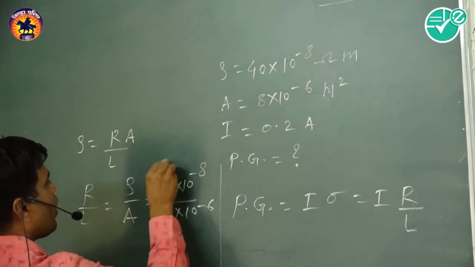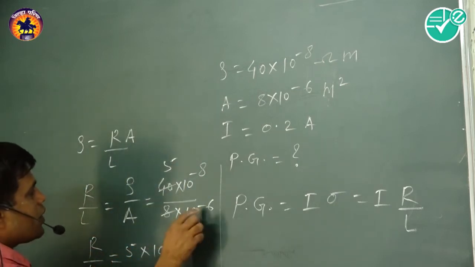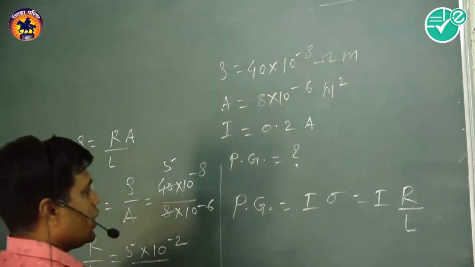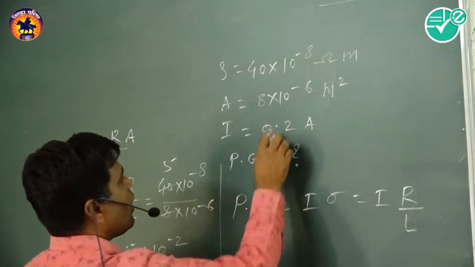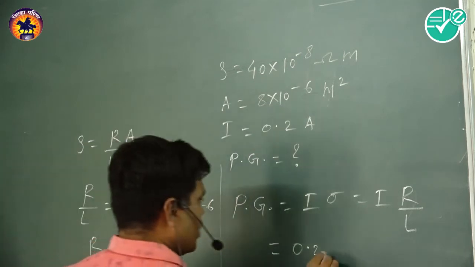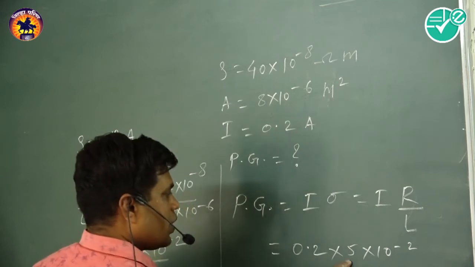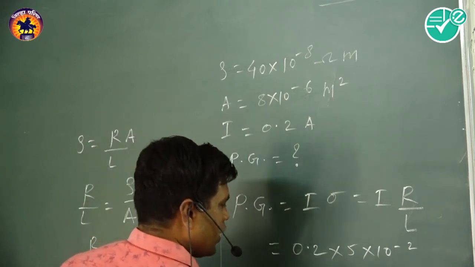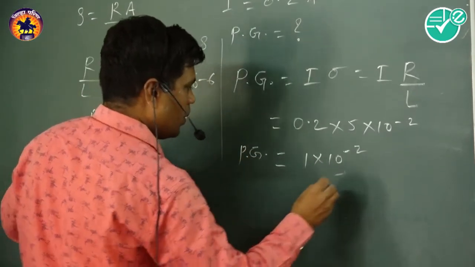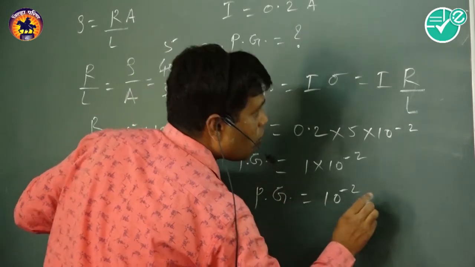So it will be 5 into 10 to the power minus 2. This is the value of R by L, and therefore potential gradient is equal to current 0.2 times R by L, 5 into 10 to the power minus 2. So the potential gradient is equal to 10 to the power minus 2 volt per meter.